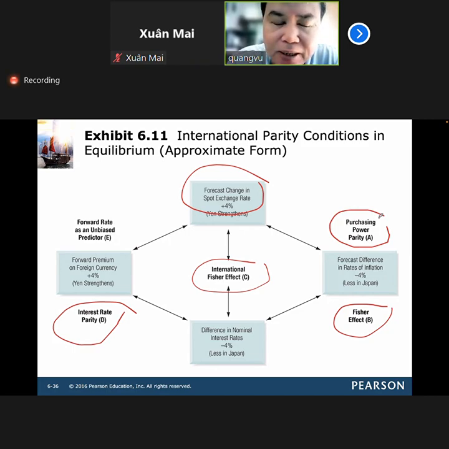We shouldn't observe a free lunch in the market, and hence, as long as inflation in Japan is 4% less than that in the United States, we should expect the Japanese yen to strengthen approximately 4% against the dollar, and vice versa, to make sure no arbitrage opportunity exists. Okay?